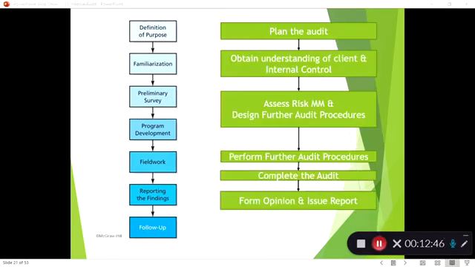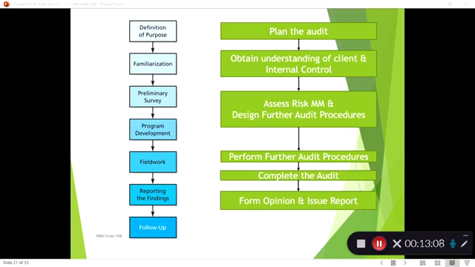Okay, and just the last point I want to make about the operational audit is this is really similar to the 6 steps that we have identified for a financial reporting audit, right? Planning the audit up front, you have to make sure you understand what the objectives are, what the purpose is, what the scope is. Familiarization is obtaining understanding.